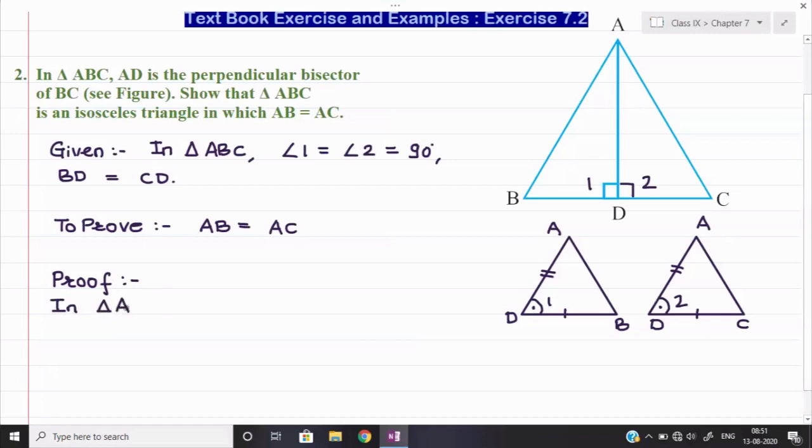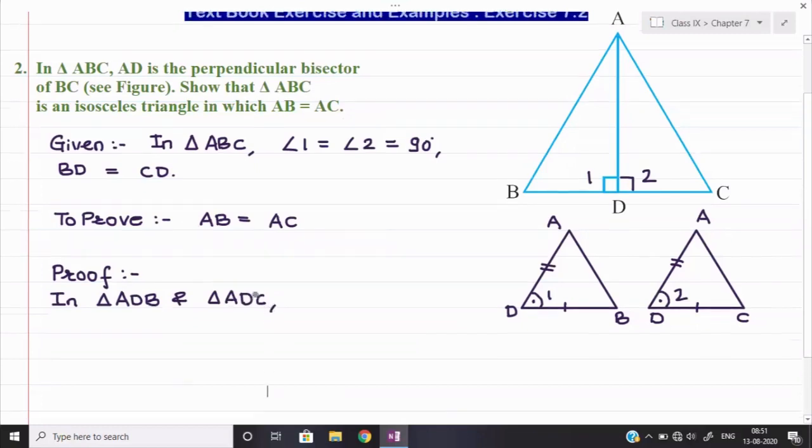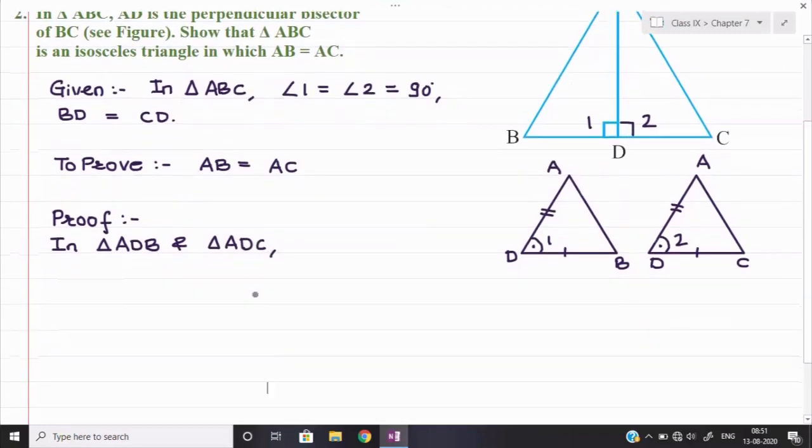in triangle ADB and triangle ADC. First, we shall mention here BD is equal to CD. That reason you can give here as given. Second, you can mention angle 1 is equal to angle 2.